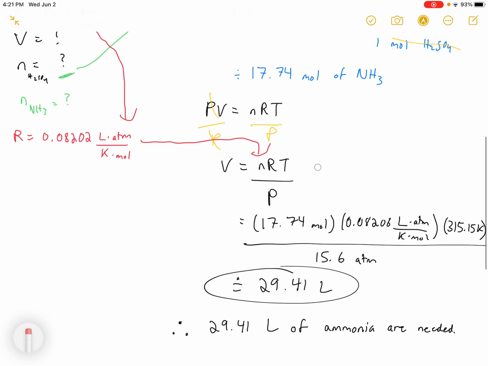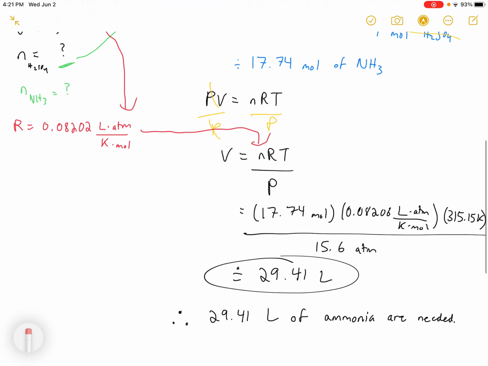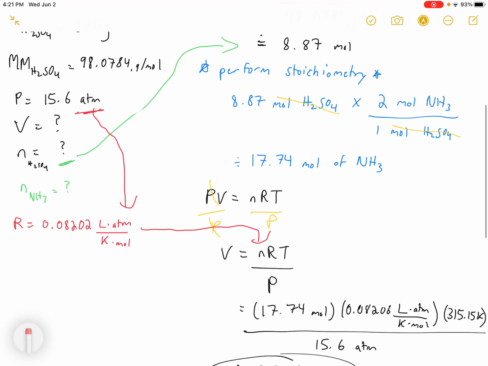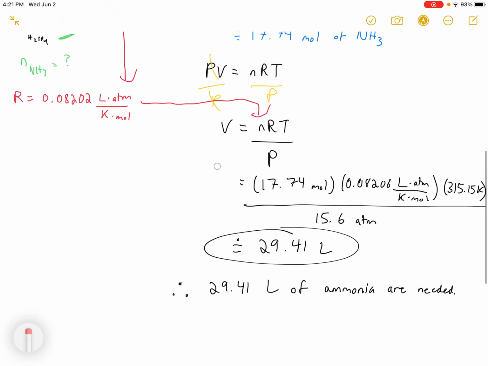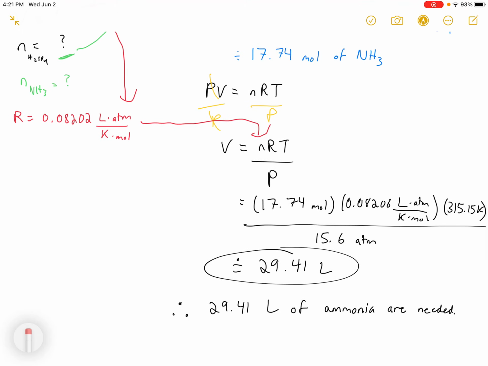Then that became n in the PV equals nRT equation. We identified the correct value of R to use based on the units because we were given units of atmospheres. We subbed in all of our information down here, returned a final answer, and that's how we determined the volume of ammonia that would be needed to react with the sulfuric acid.